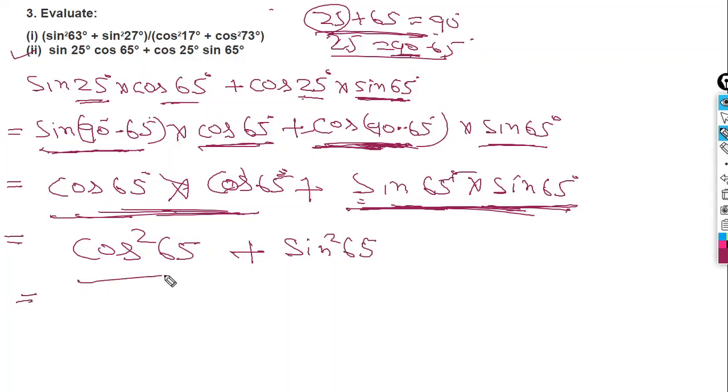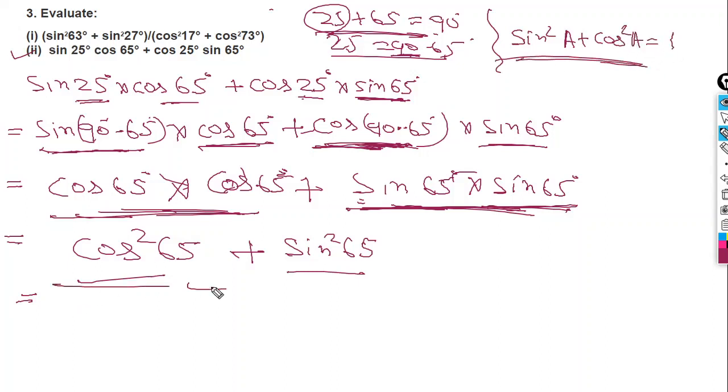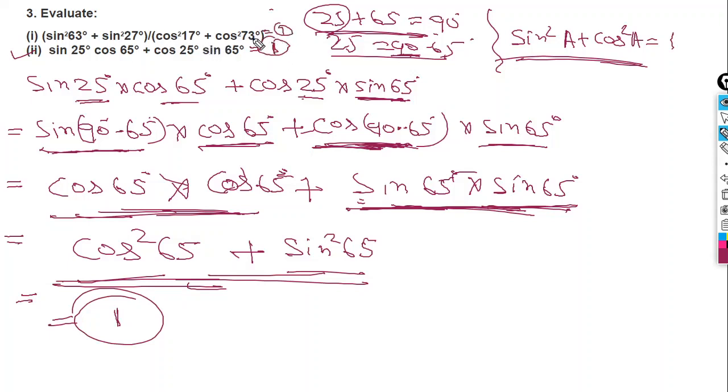Now cos square 65 plus sin square 65. Look at the formula, sin square A plus cos square A is equal to 1. So the answer is 1. So for part two, the answer is 1. So we have solved question number 3 also.